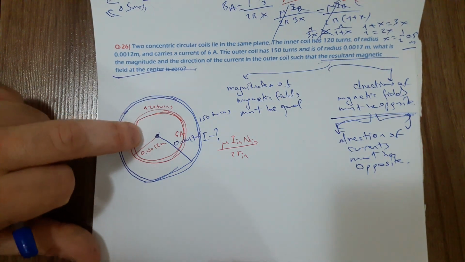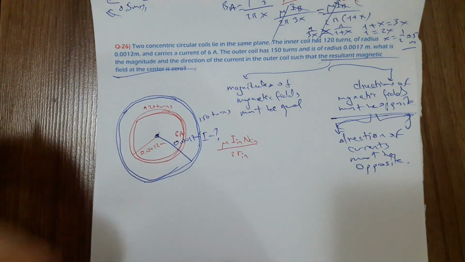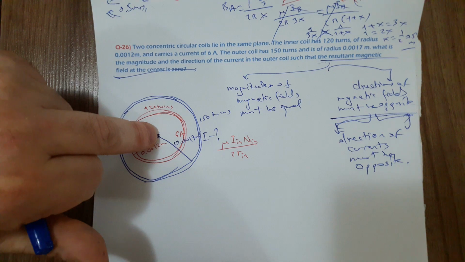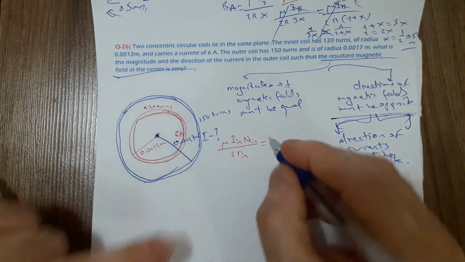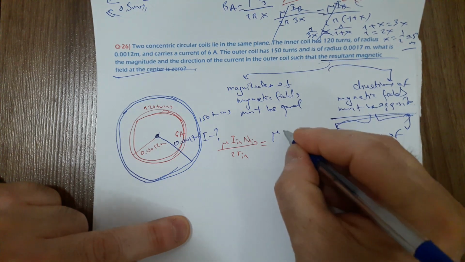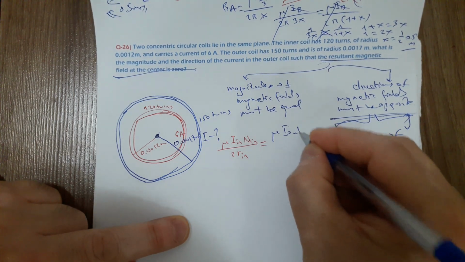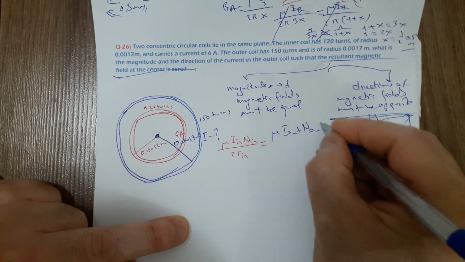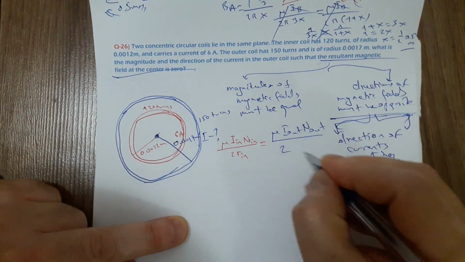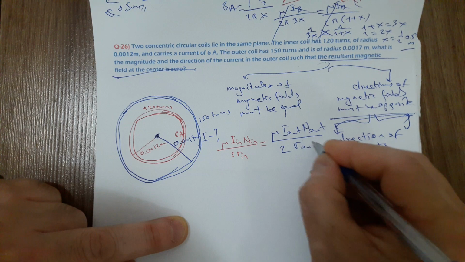This is the magnetic field of the red coil, the inner coil, at the center. It must be equal to mu I of the outer coil multiplied by n of the outer coil, divided by 2 multiplied by r of the outer coil.